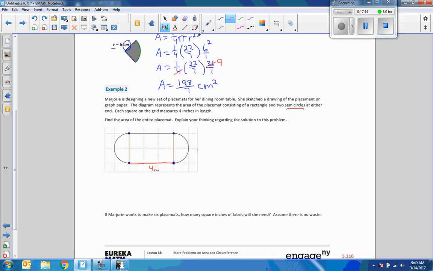So rather than writing 4 inches, let me write the total down here. Okay. So there's 3 squares with a length of 4 each. These are 12 inches. And this distance from here to here is 8 inches.